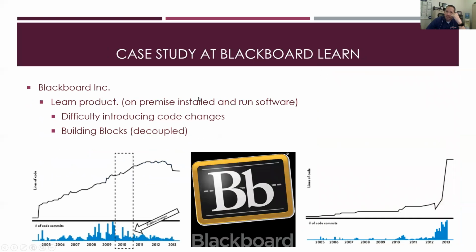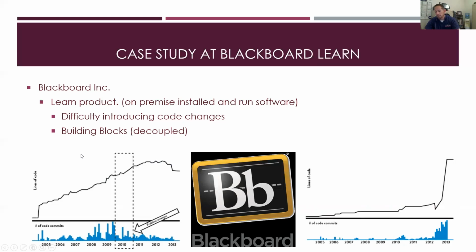So one of the case studies they brought up in the book was Blackboard Inc. So you can see in 2010 in their graph, that basically what happened, it became so difficult for them to commit code, to make changes. They were having such a hard time pushing stuff out because their architecture had become so old, so interdependent, that they were basically going to die. And so they made a bunch of changes, they decoupled a bunch of things, they changed their whole API.